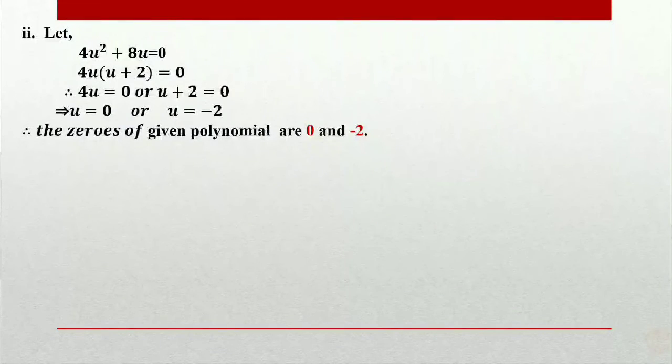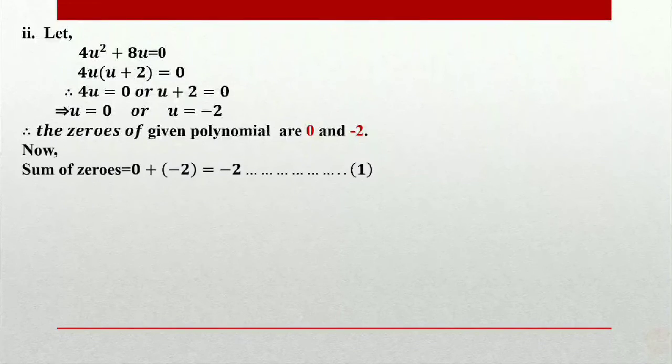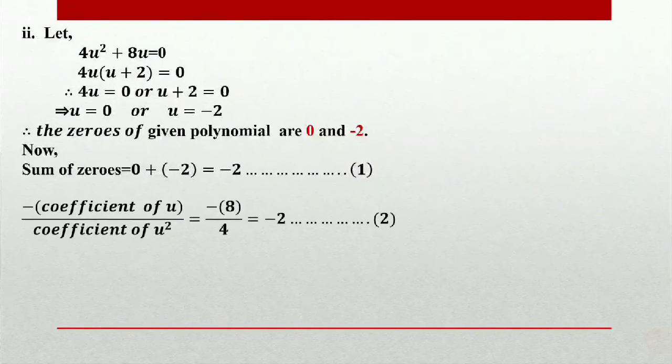Okay, now we will verify the relationship between zeros and coefficients. So sum of zeros is equal to 0 plus (minus 2), which is equal to minus 2. Give it as equation number 1. And minus coefficient of u upon coefficient of u square is equal to minus 8 upon 4.